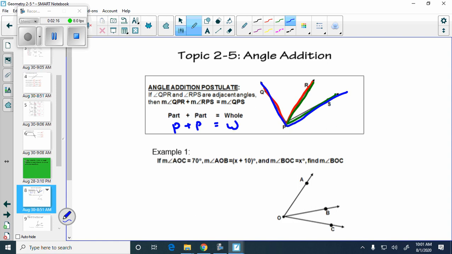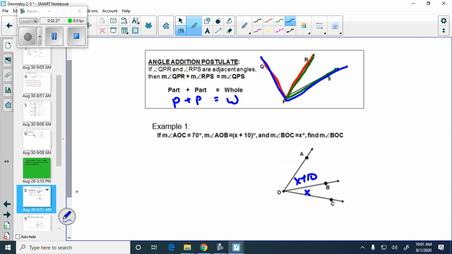And that should make sense, and we can go again with the idea of part plus part equals whole. So if AOC, that's the whole thing, adds up to 70, and AOB is x plus 10, and BOC is x, then I ought to be able to write part plus part equals whole, or x plus 10 plus x is the whole of 70.